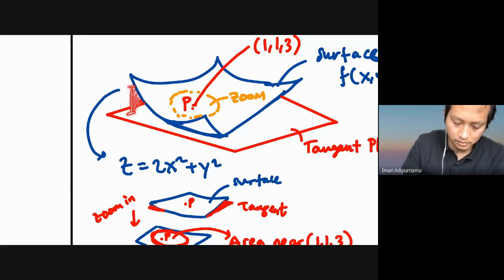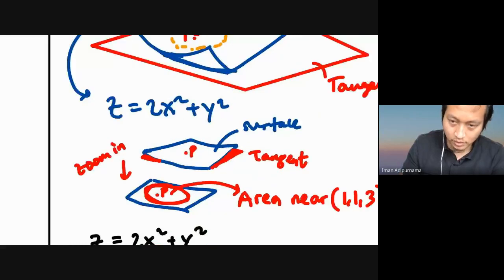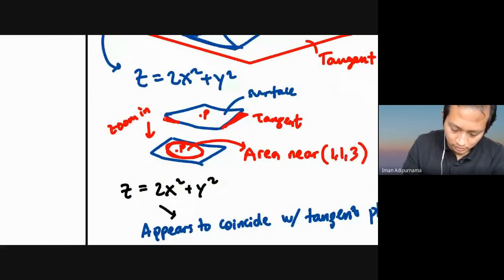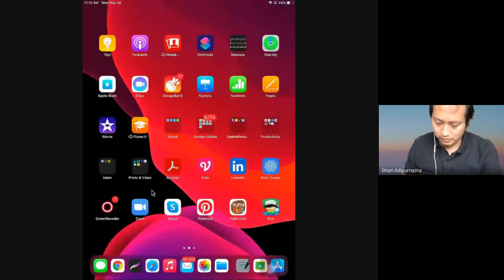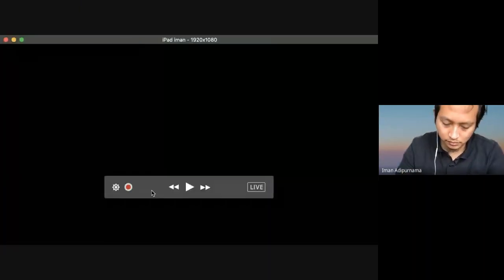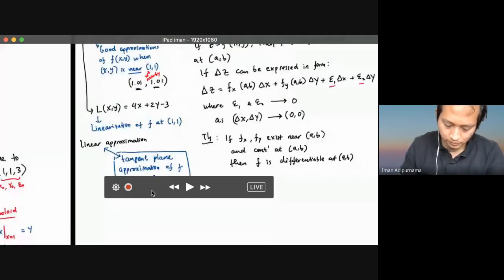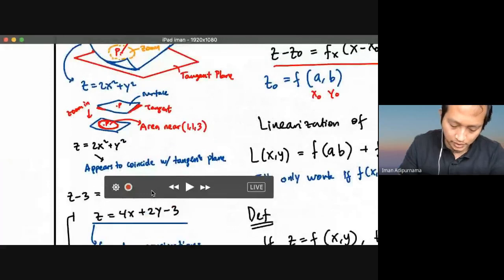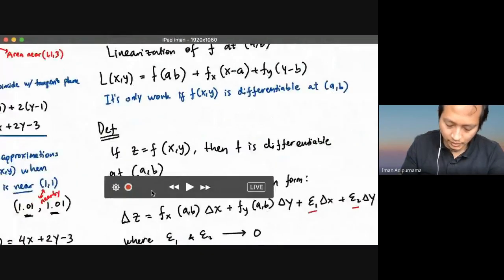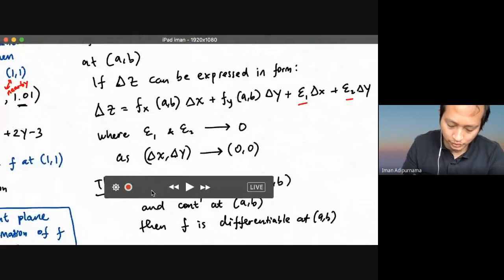And when you are zooming in, the gap is getting closer. That is what we are talking about with epsilon here.